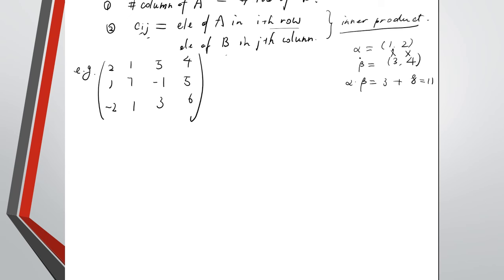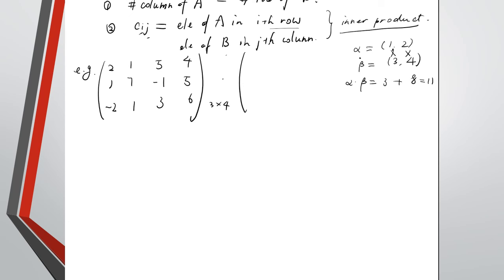Okay, so this is a 3 times 4 type of matrix. And this time, we're going to let this matrix times a matrix which has 4 rows. And yeah, we have to make sure that it will have 4 rows. And it can have maybe 1 column, 2 columns, 3 columns, or 100 columns.